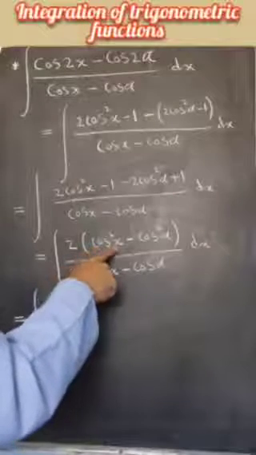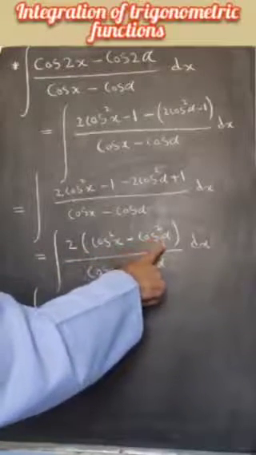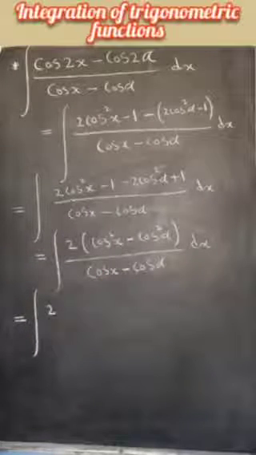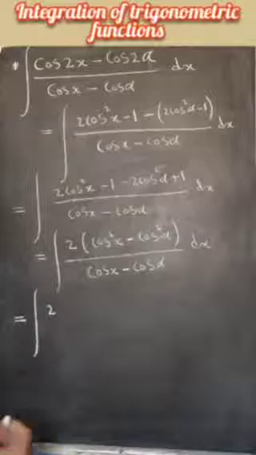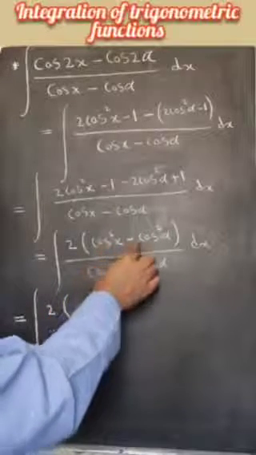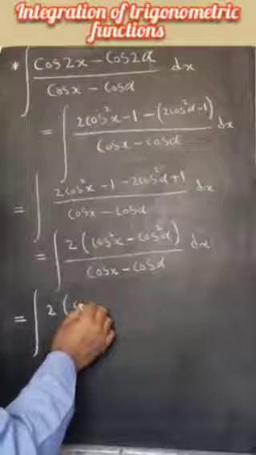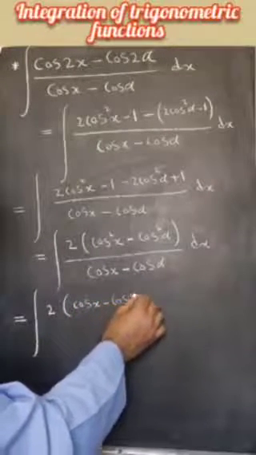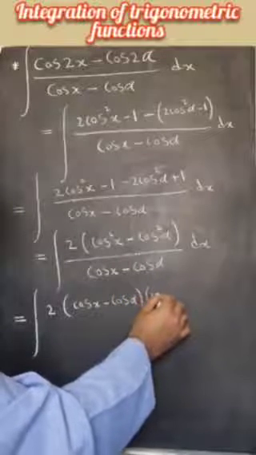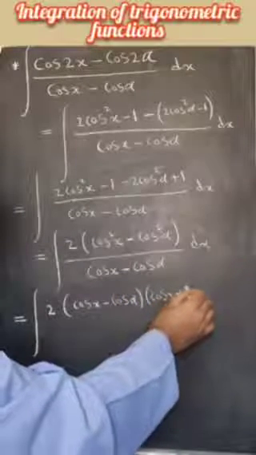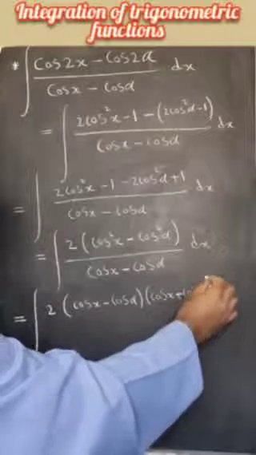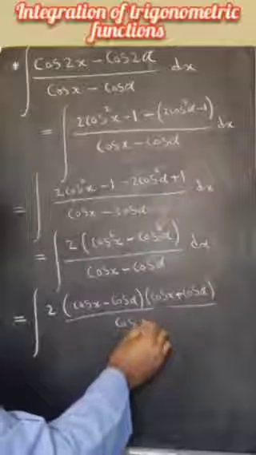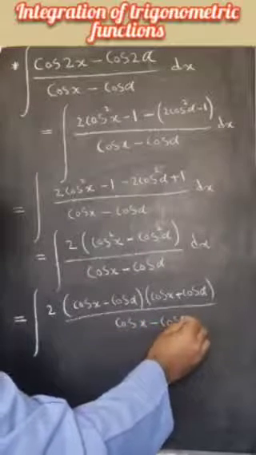That is further equal to integral twice. Now here, cosine square x minus cosine square alpha. We know that a square minus b square is equal to a minus b into a plus b. So we can write cosine square x minus cosine square alpha as cosine of x minus cosine of alpha into cosine of x plus cosine of alpha, divided by cosine of x minus cosine of alpha.